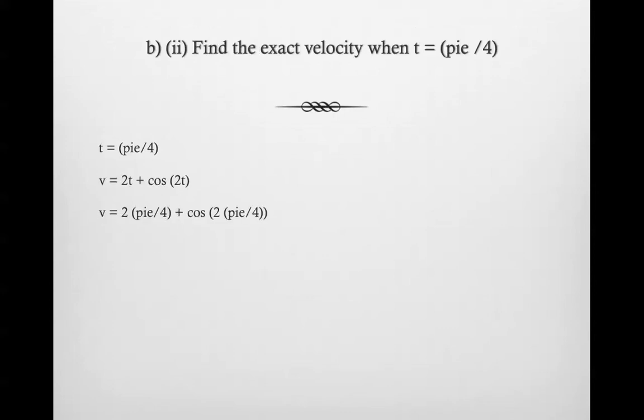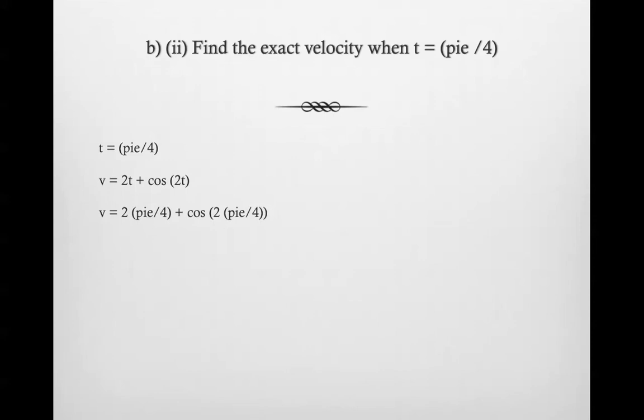So part 2. Find the exact velocity when t equals pi over 4. So we know that t equals pi over 4, and we know that our velocity equation is equal to 2t plus cos 2t. Therefore, all we need to do is sub in pi over 4 whenever we have a t value. So it equals 2 times pi over 4 plus cos 2 times pi over 4. And 2 times pi over 4 is just 2 pi over 4.